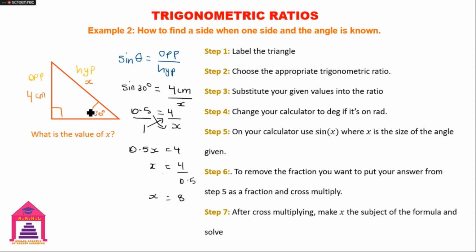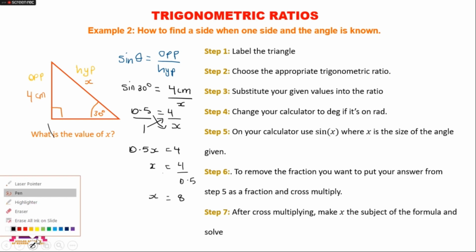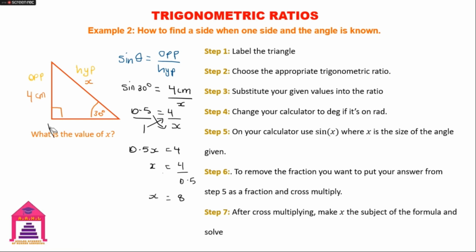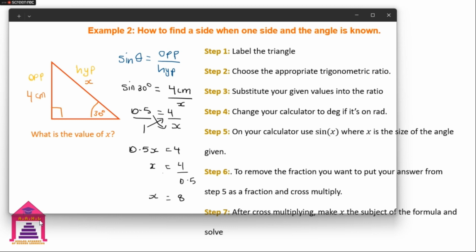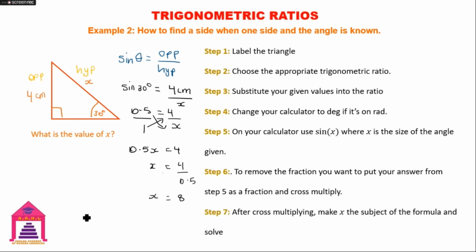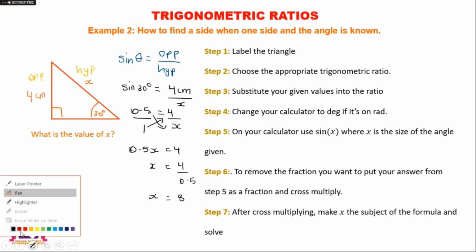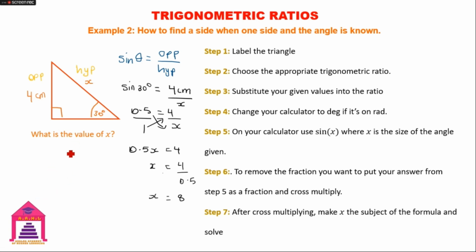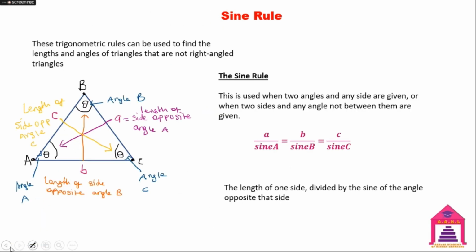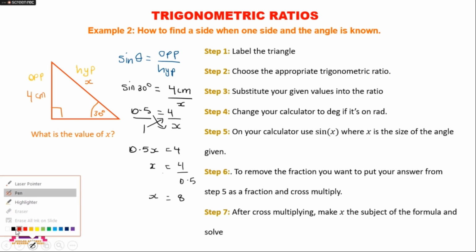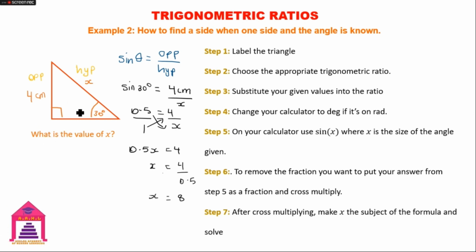So again, we're going to label the triangle. We label it based on where the angle is. So the side that is known is the opposite side, and the side that is unknown is the hypotenuse.